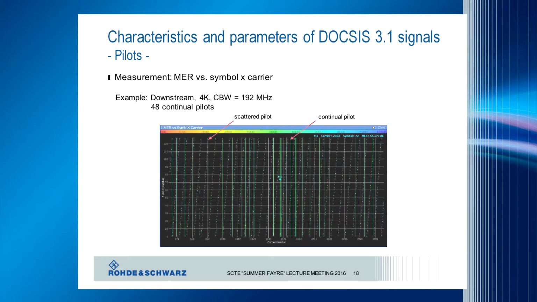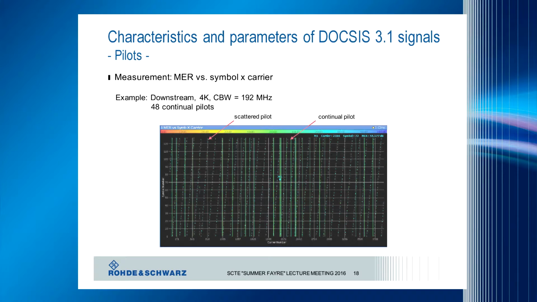This measurement is similar to MER over frequency, but here in contrast we have additional information. So we have here the x-axis, which counts the carriers of the signal, and here you have now the symbols, so the time will start here and continue up to 128 symbols, or 127, because symbol 0 also counts to the 128 symbols.